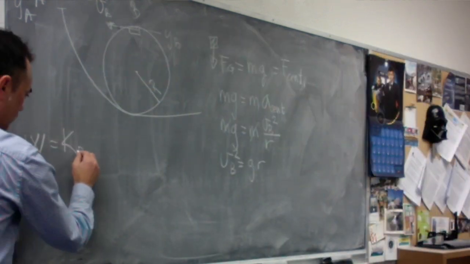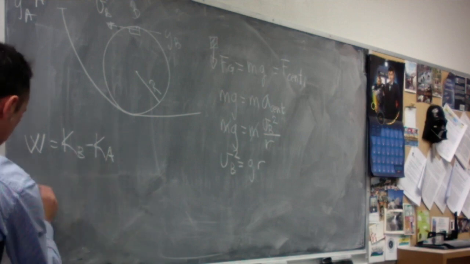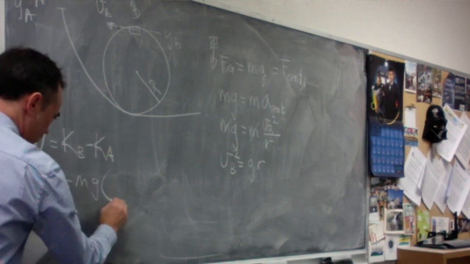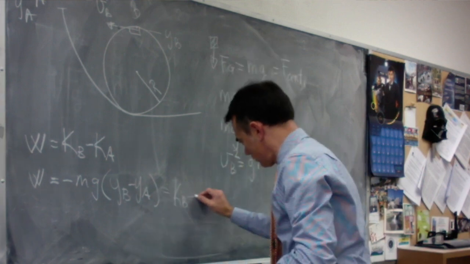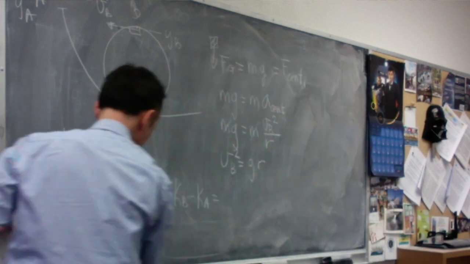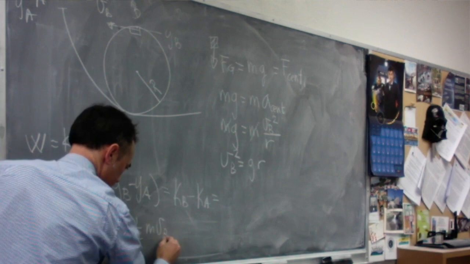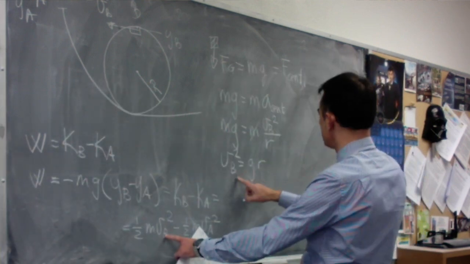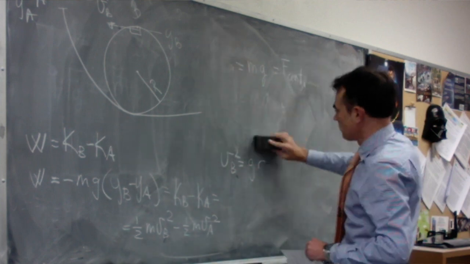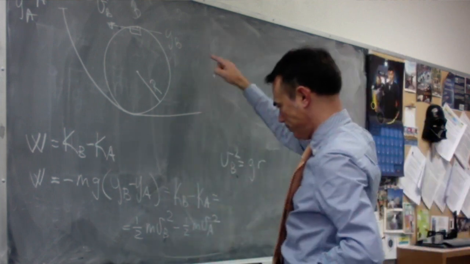Now we can use the work-energy theorem that says that the work done is equal to the change in kinetic energy. We calculate the work from the initial height y sub a to the final height y sub b. This is equal to the final kinetic energy minus the initial kinetic energy, which is 0, as the car starts at rest.